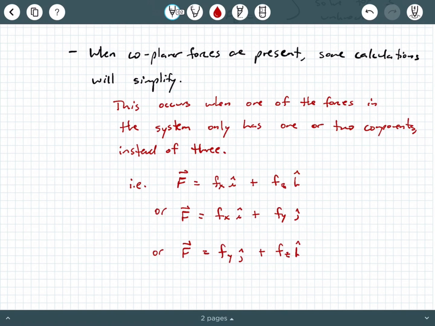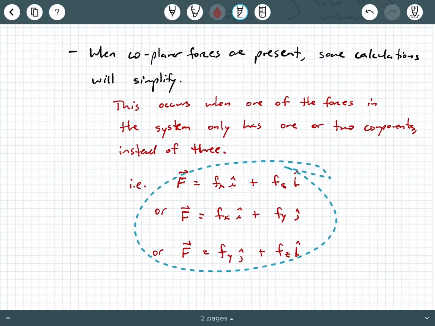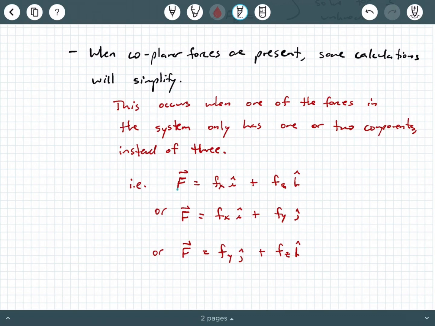So for example, these 3 forces that I just sketched in here, notice each of them only has 2 components, which means each of these forces would be a coplanar force, right? This force right here is in the xz plane, right? This force is in the xy plane. This force is in the yz plane.